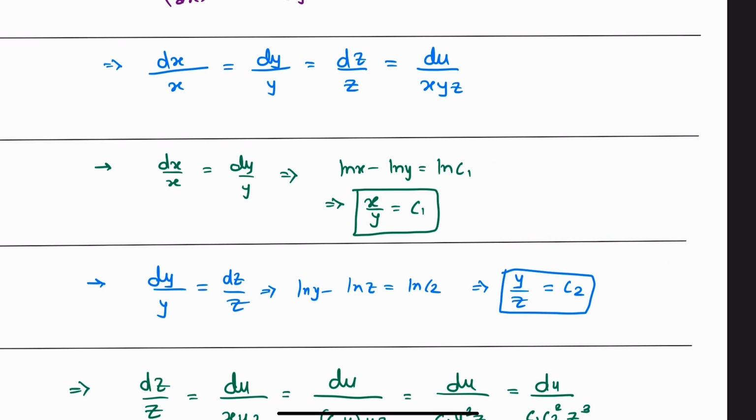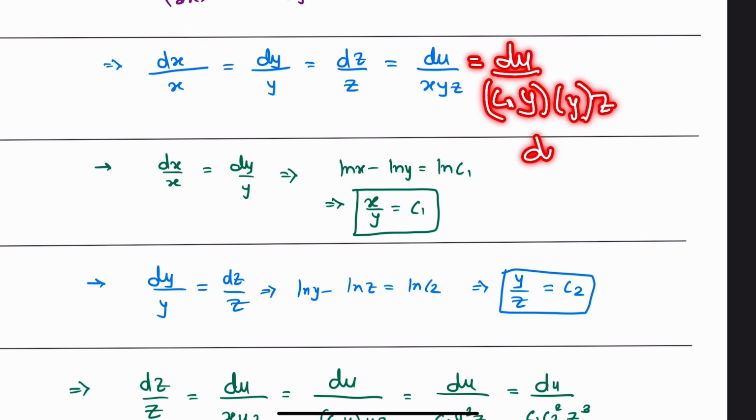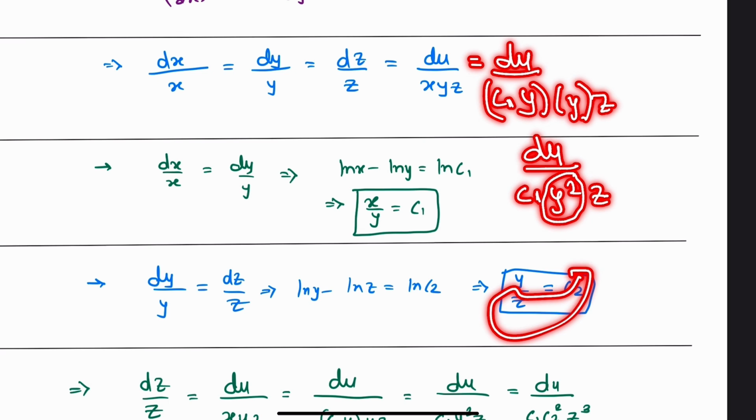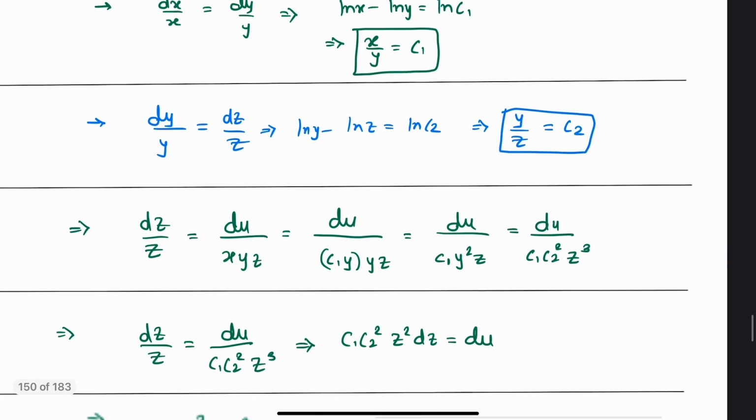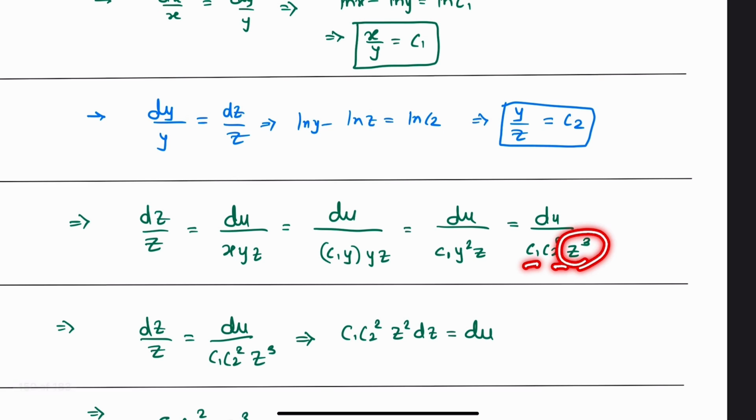What will we get? du by x was our c1 into y, this y as it is, and this z. We will get it as du by c1 y square z. Now we know that this particular y we can write as c2 into z. So du upon c1 into c2 z whole square into z. So here we will get c1 c2 square into z cube.